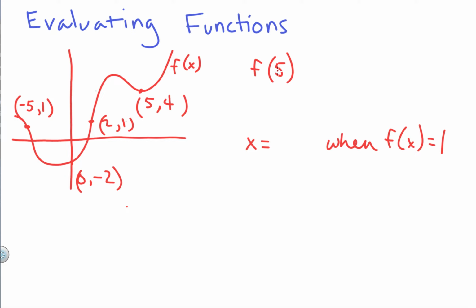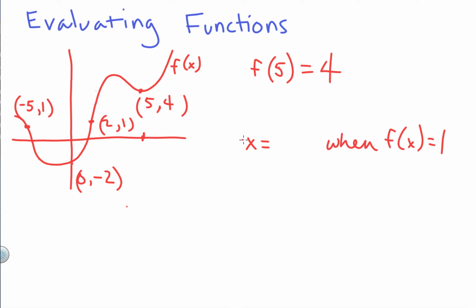So if the x is 5, that's here. You're going to go up until you hit that function to find what that point is. So if my input is 5, my x, my output is going to be 4.